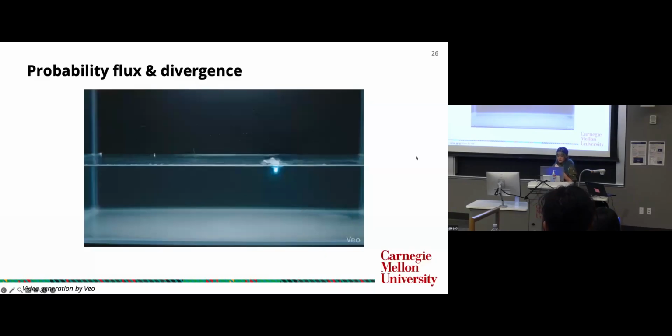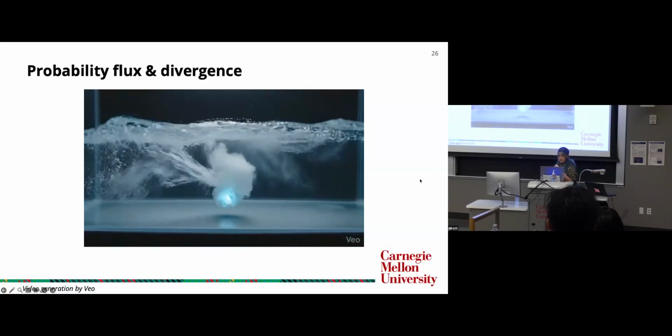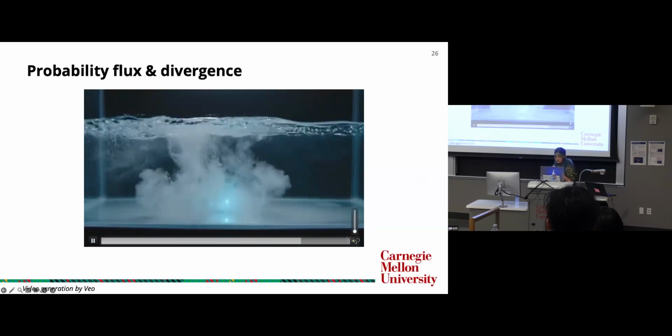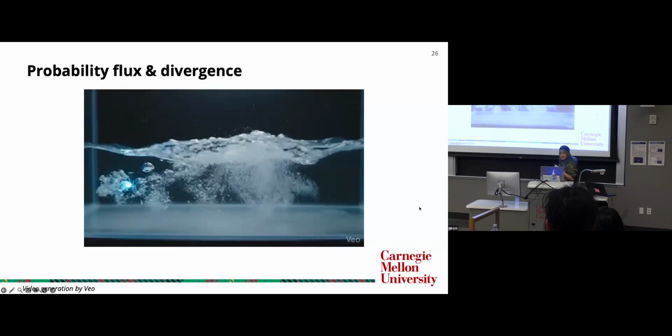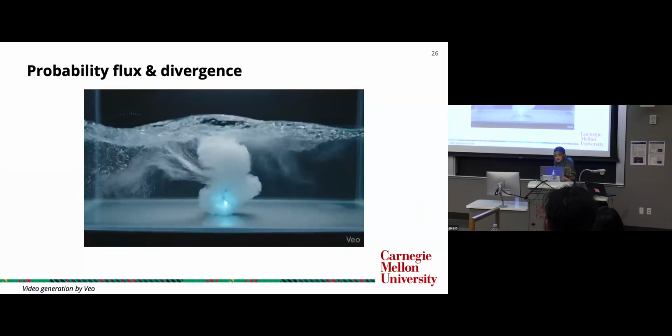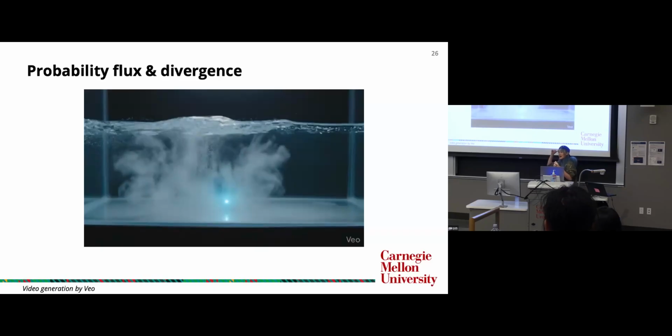Okay, so this is a visualization generated by Veo. I really tried, but let's just look at it. Okay, as you can see, as the water flows, first of all, it's in a contained tank, so the probability mass never changes.